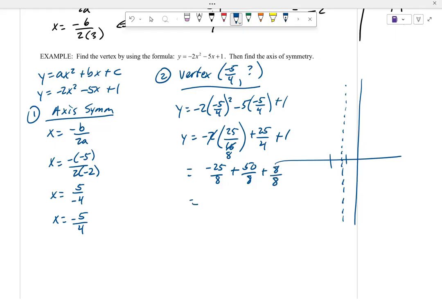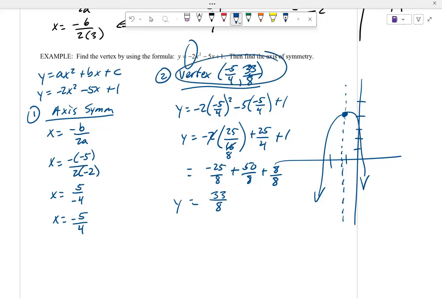So 25 plus 8 is 33 over 8, looks like. So 33 over 8. So our vertex is at negative 5/4, and I'm up like 4 1/8. So about right here. Notice my a value is negative, so I know it's going to flip that U over, if you're actually drawing it.